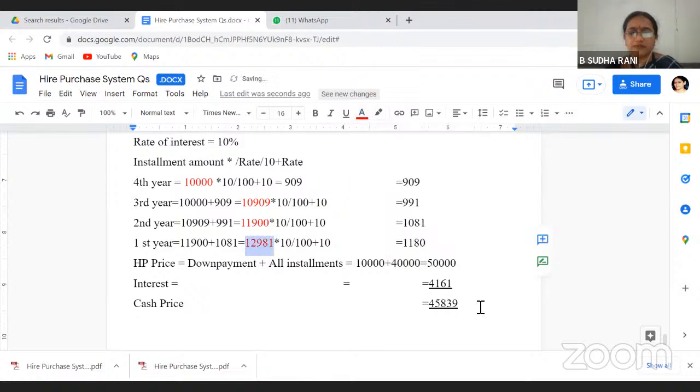Are you getting the same? Are you getting the same? 45,790 and this is 839.